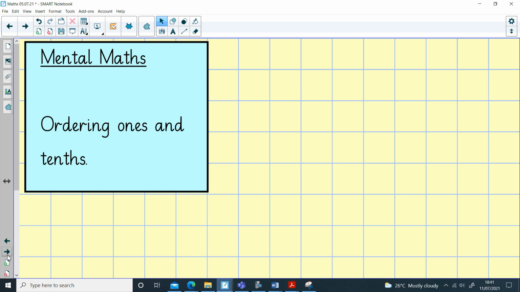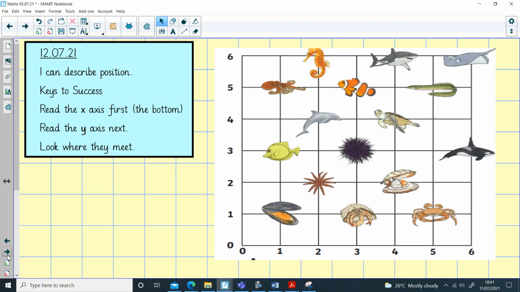Okay, so our maths lesson today is all about coordinates and describing position. Now, this is something that a lot of us got wrong on our recent maths tests, and it was a really simple thing that you got wrong. When we are looking at coordinates and we're looking at position, we are talking about our grid, and we're talking about where something is.